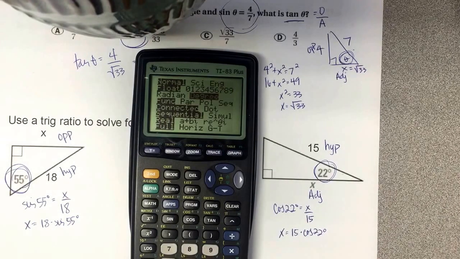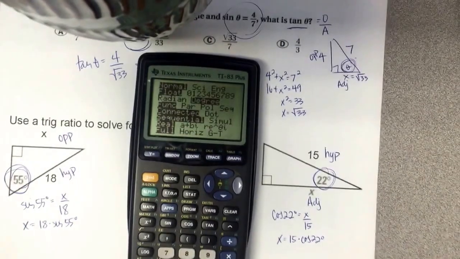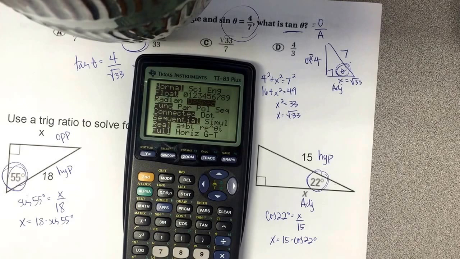If you have a scientific calculator, look on your screen. If your screen says DEG somewhere on it, or it just has a D on it somewhere, that means you're in degree mode. If your calculator says RAD, or just has an R on the screen somewhere, then that means it's in radian mode and it needs to be changed. If you don't know how to change your calculator, make sure you ask me tomorrow in class and I can tell you how to do it.